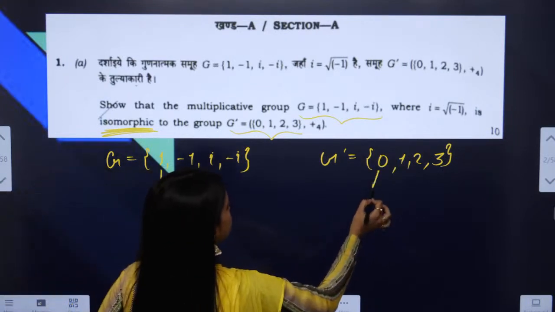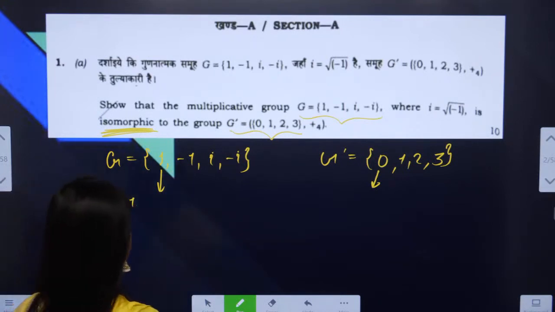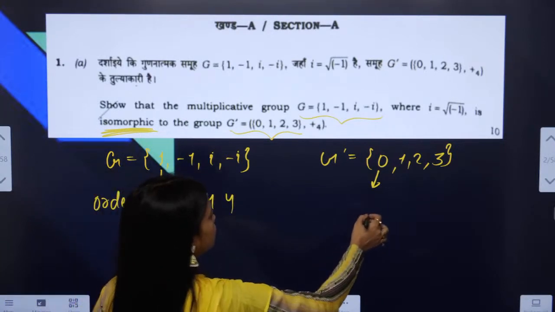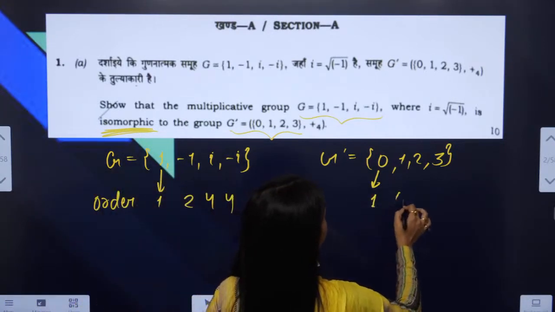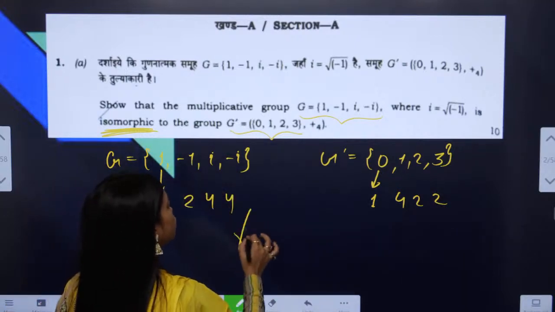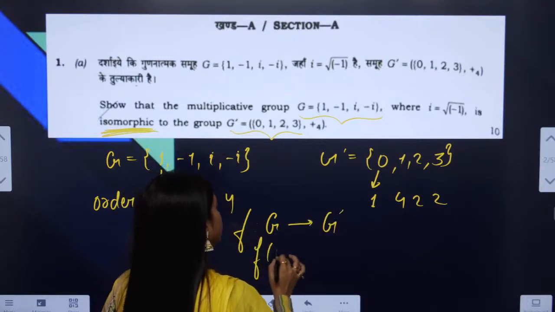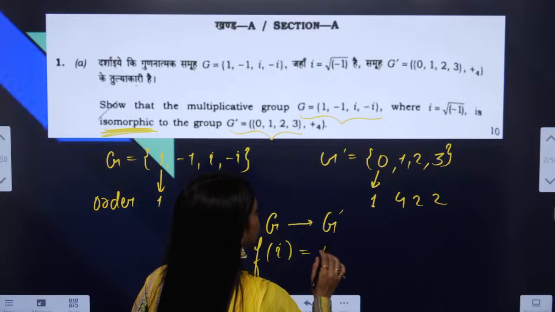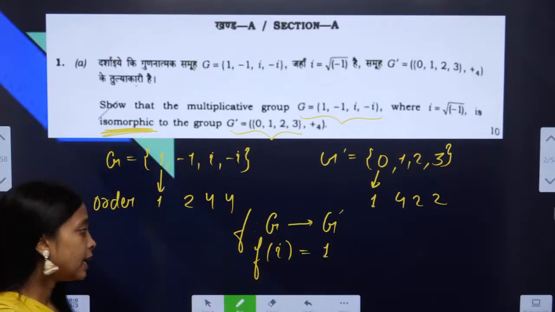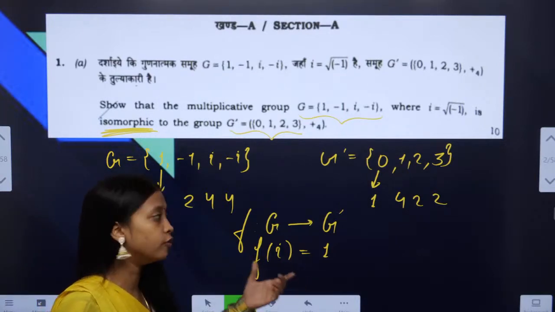Identity, and even if you see the orders, 1, 2, 4, 4 and 1, 4, 2, 2, right. And what I am telling you is to define a function from G to G dash such that the generator goes to the generator, and you have to define this as a homomorphism, right, this has to be a homomorphism.